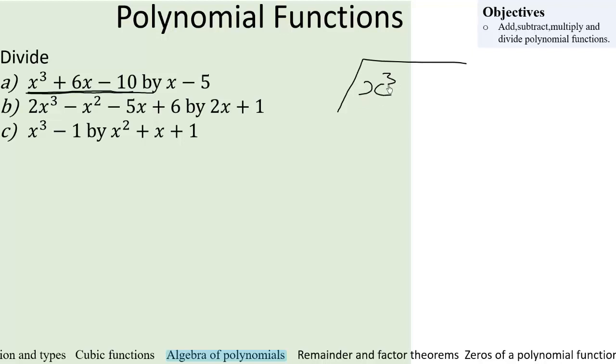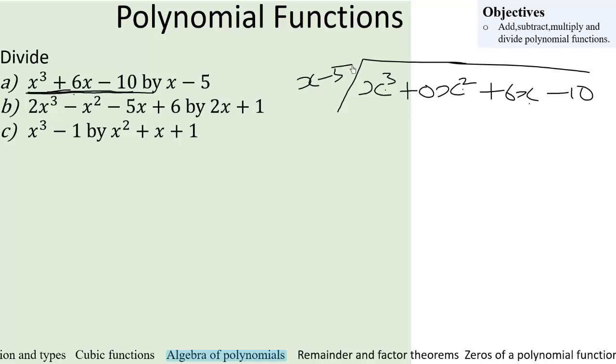Then the next term is supposed to be x squared, but you can see that it's missing. So it means the coefficient is 0. So 0x squared. Then the next term is plus 6x. And the next term is minus 10. So you can see that from x cubed we come to x squared, we come to x, then we come to the constant. Then the divisor here is x minus 5.